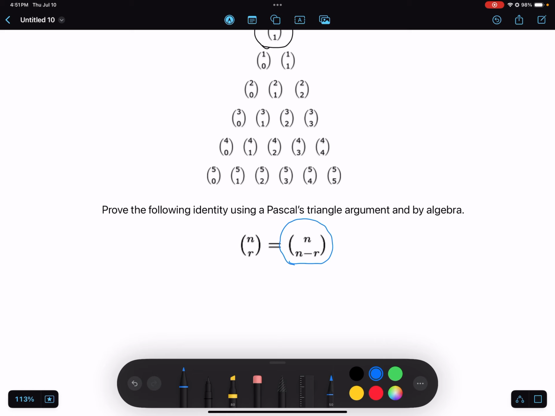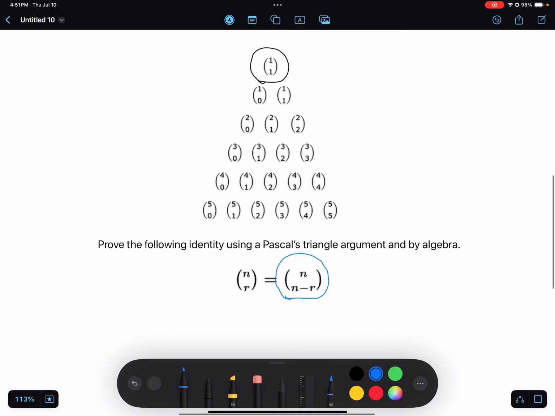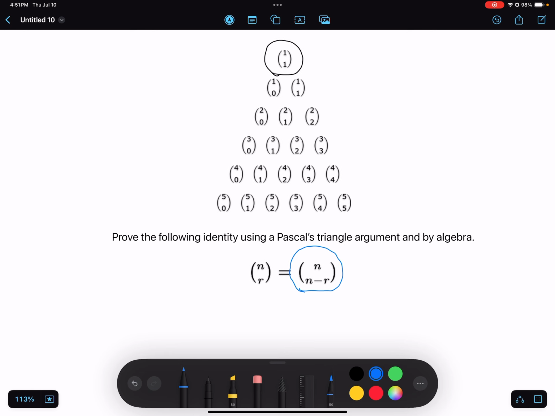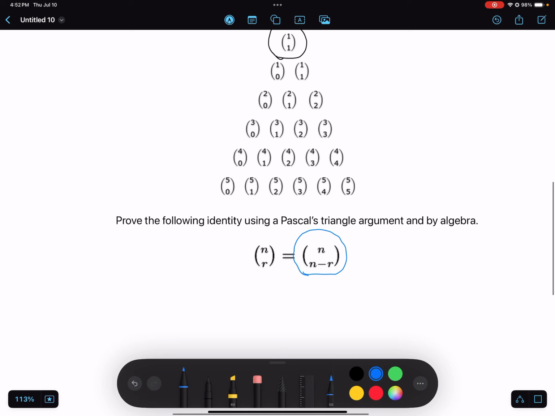But no matter what it is, n choose n minus r gives you a value that, like we said earlier, is the number of paths from the top to that entry. So to visualize the relationship between these two n choose r numbers, we should test some example values. Once we get some specific values, we can then make some generalizations.